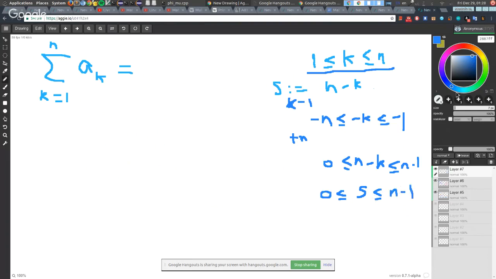So our s lies within these values. Here we can make a substitution: s would go from 0 until n minus 1, and this would be a of n minus s instead of k. Then we can make some renaming. So it's basically like that.